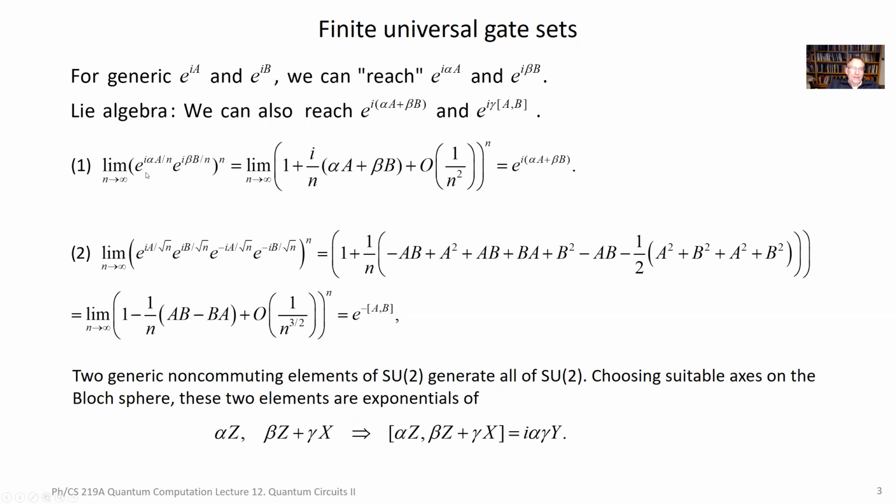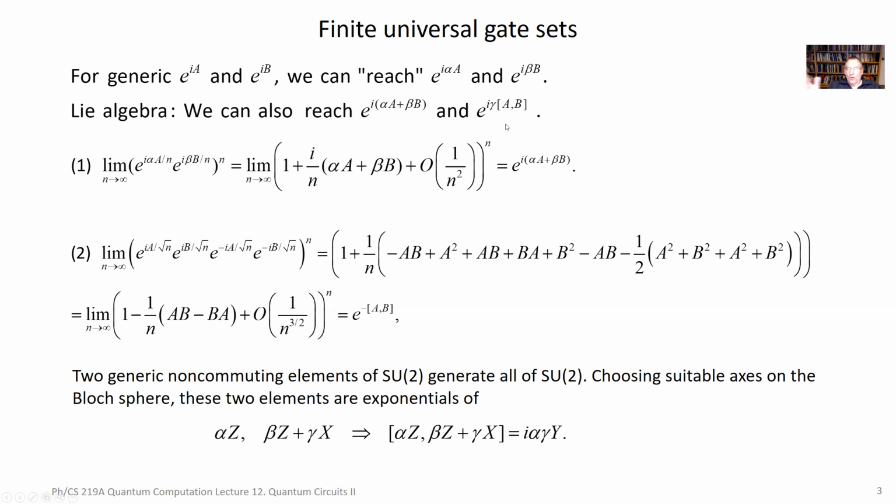When I expand e to the i alpha A over n, in the leading order I get 1 plus i over n alpha A, and then higher order terms, which are of order 1 over n squared. Likewise, for e to the i beta B over n, I expand that exponential. I get 1 plus i over n beta B plus higher order terms. And then I raise that to the nth power.